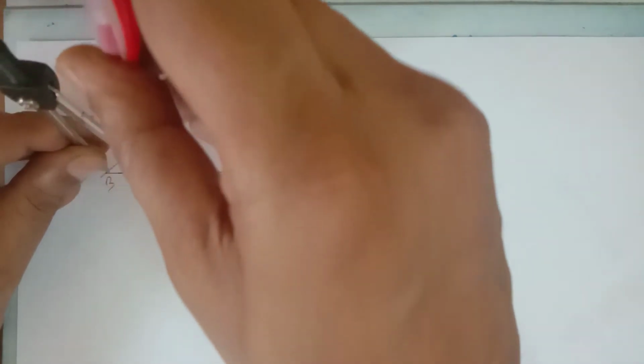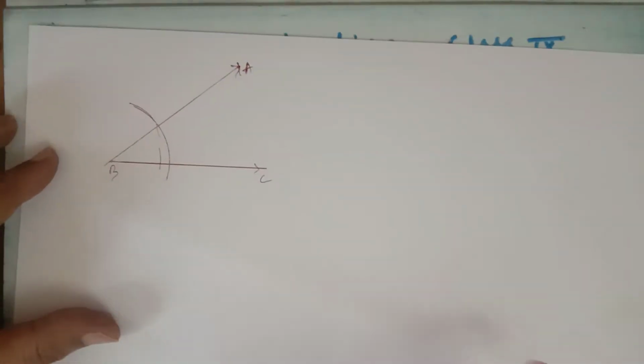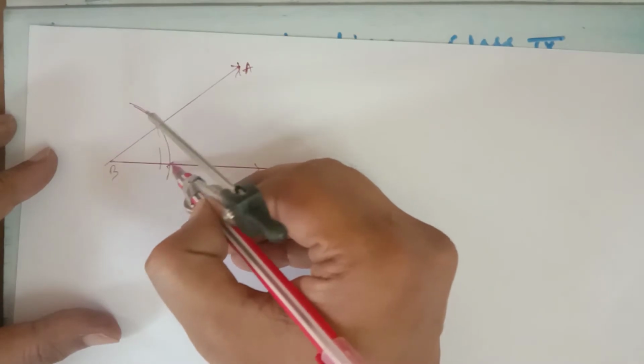With the same radius, you draw an arc like this, intersecting the two arms at these 2 points.